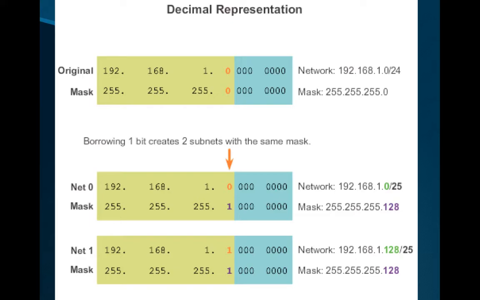Because a bit has been borrowed, the subnet mask for each subnet is 255.255.255.128.